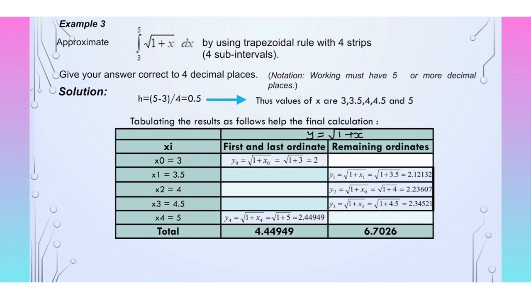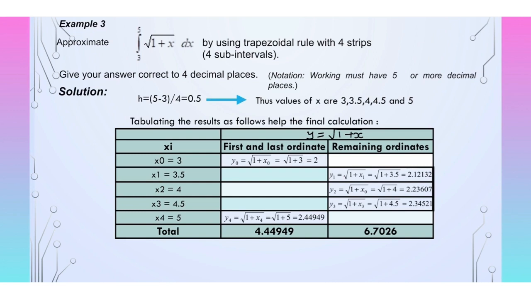And then we shall go to the remaining ordinates. y1 is square root of 1 plus x1, or 1 plus 3.5, square root of 4.5. We have 2.12132. Next is y2. So substituting 4 here, square root of 5, 2.23607.